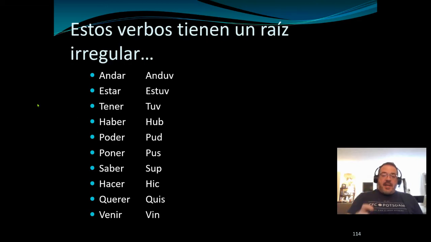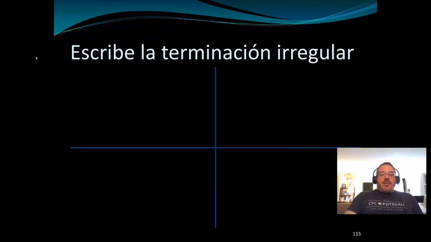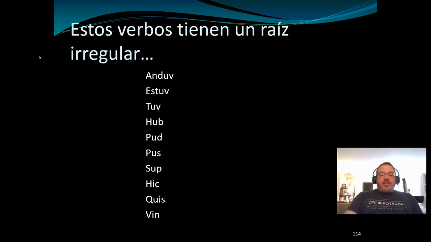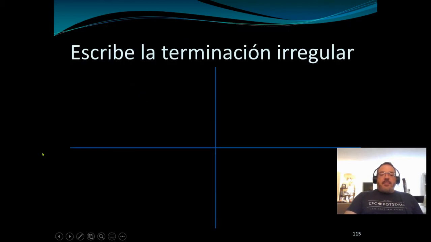We're going to put that stem up, and then we're going to use this set of shared endings. We just went over those endings as well in the slideshow. They all use the same endings. Remember that we have AR, ER, and IR verbs together in this list, but it doesn't matter. We're going to still use the same endings for all of these.